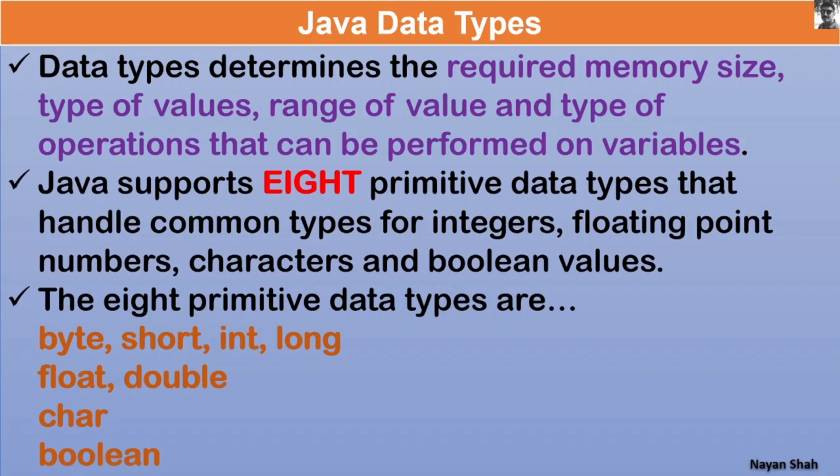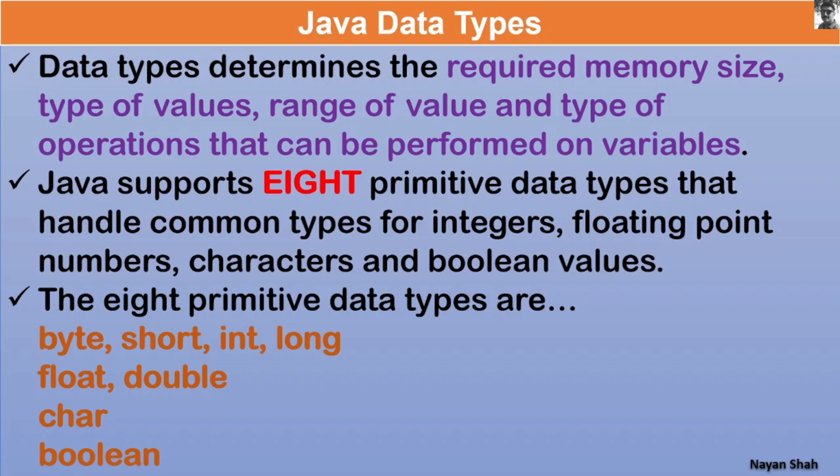Java supports 8 primitive data types that handle common types for integers, floating point numbers, characters, and Boolean values. These 8 primitive data types are byte, short, int, long, float, double, char, which is pronounced as character, and boolean. So these are the 8 primitive data types of the Java language.